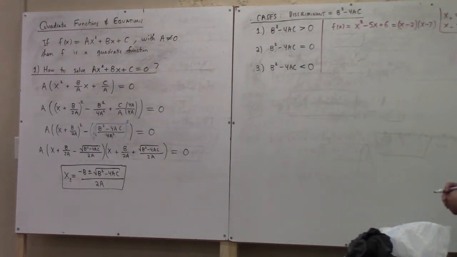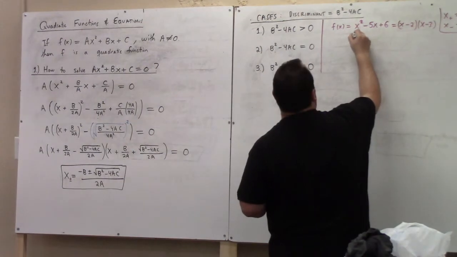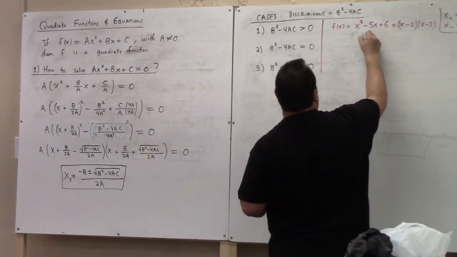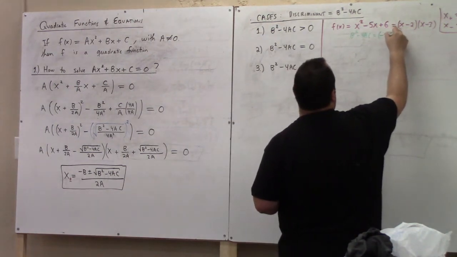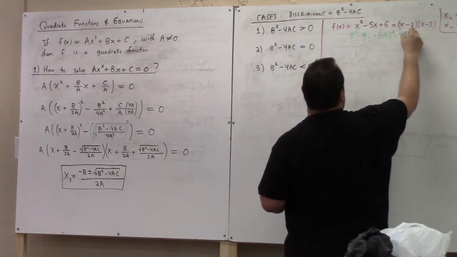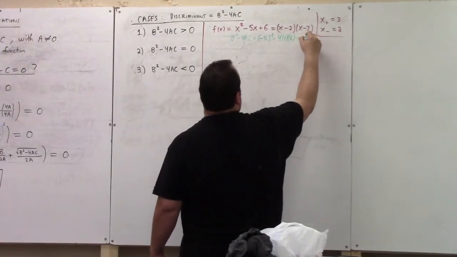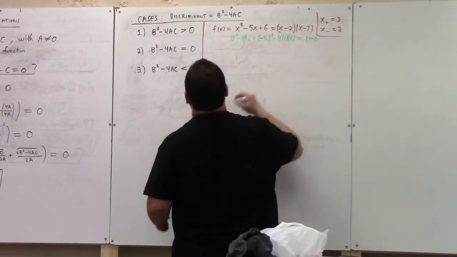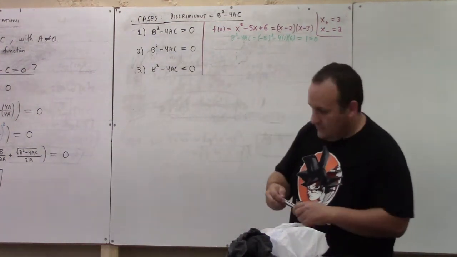What's the discriminant in this particular case? B squared minus 4ac is minus 5 quantity squared minus 4 times 1 times 6. So that's 25 minus 24, which is 1. Right? So my assertion that we're in case 1 is true.